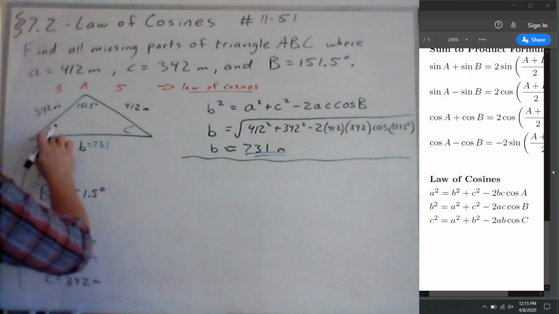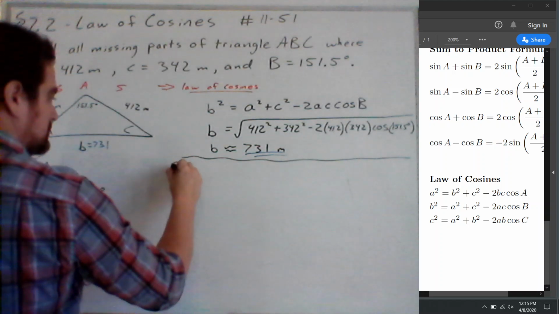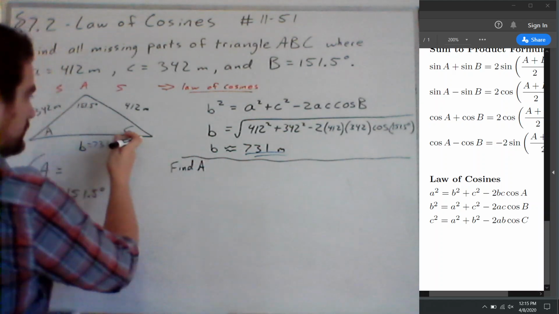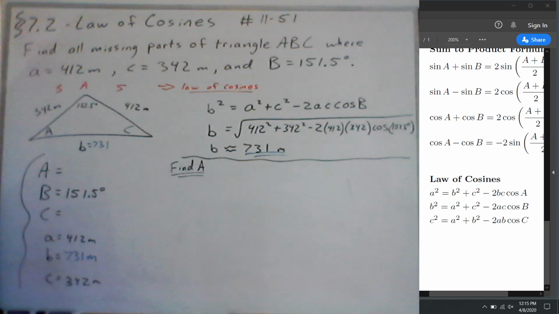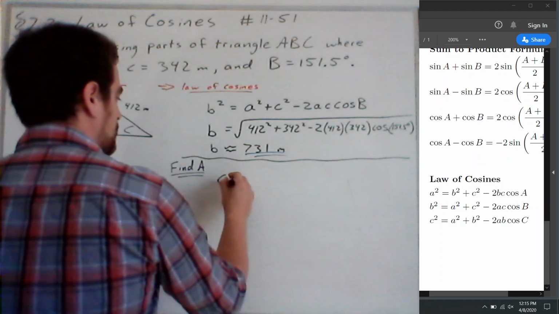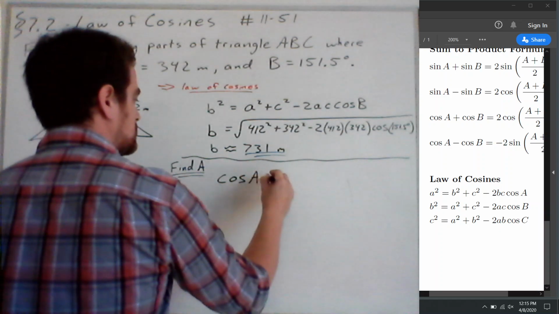But let's say we want to find capital A next. Again, there's no order. You could totally go for capital C for now. But let's say we want to find capital A. Well, then we can look at our law of cosines.